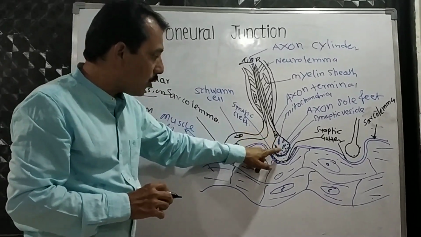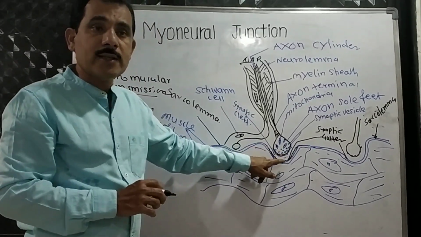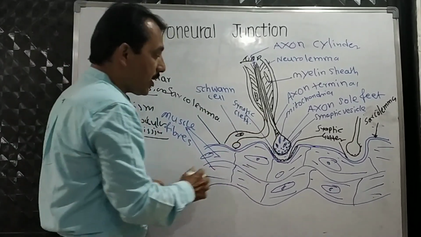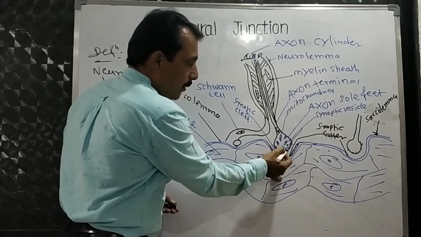When it reaches the axon terminal, it causes excitation of the prejunctional membrane.